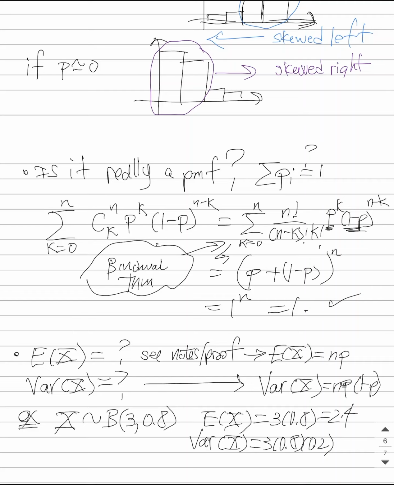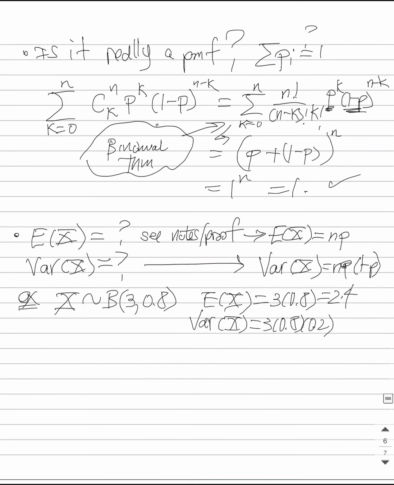And if you wanted, you could take the square root to get the standard deviation. So this tells us everything that we need to know about a binomial distribution. There are ways that we can use technology to calculate things like the expectation, the variance. You can use technology to find the probability mass function, the cumulative distribution function, and to draw a graph.